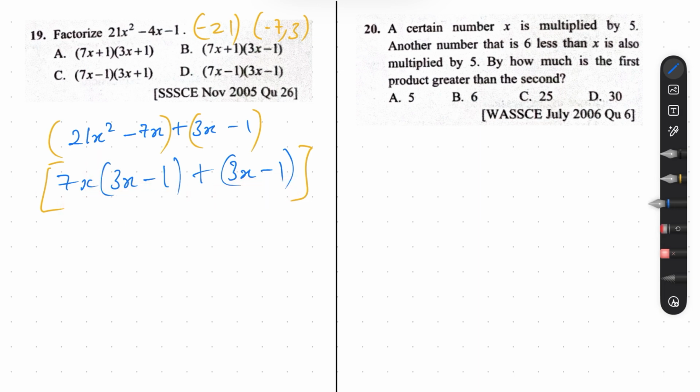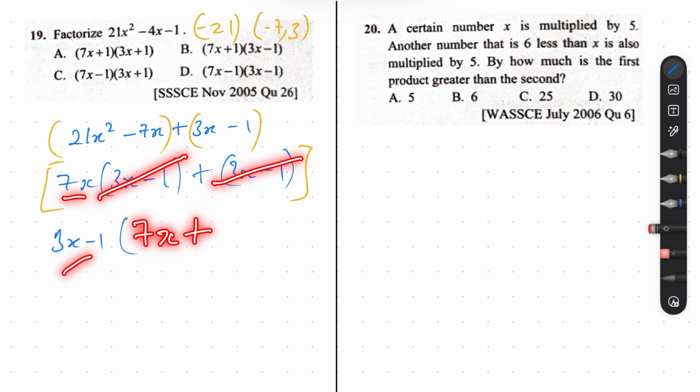Cool. Let's factor 3x minus 1. If we factor 3x minus 1 out, we're left with 7x plus, and here, when we factor 3x minus 1 out, we have 1, because this is the same as 1 times 3x minus 1.